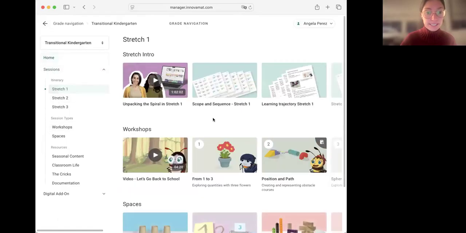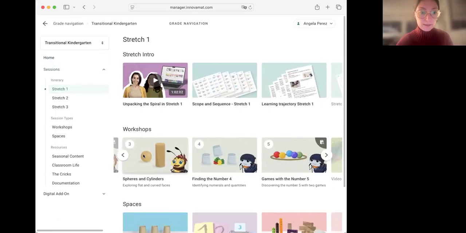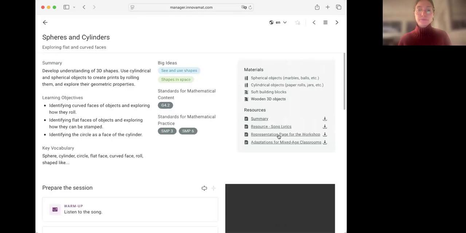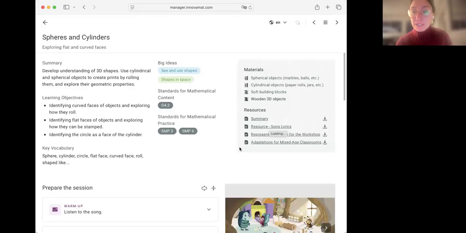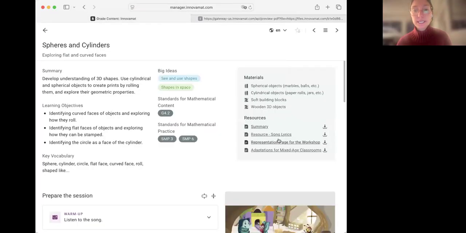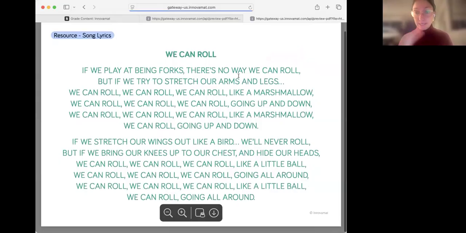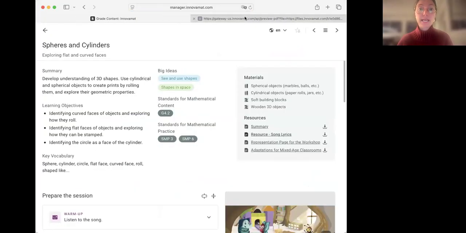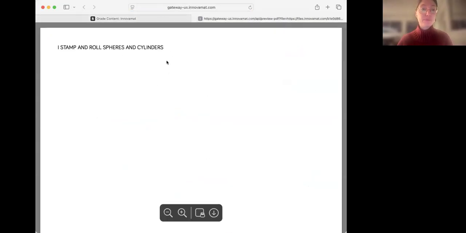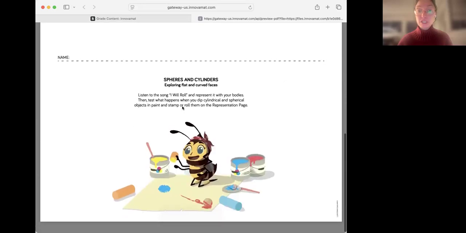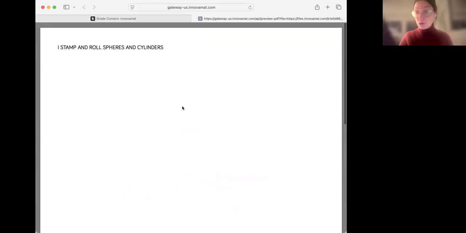For example, here in materials, it says resource song lyrics, so that could be downloaded and printed and sung together. Or the representation page that I showed you, this blank page where they represent their learning.